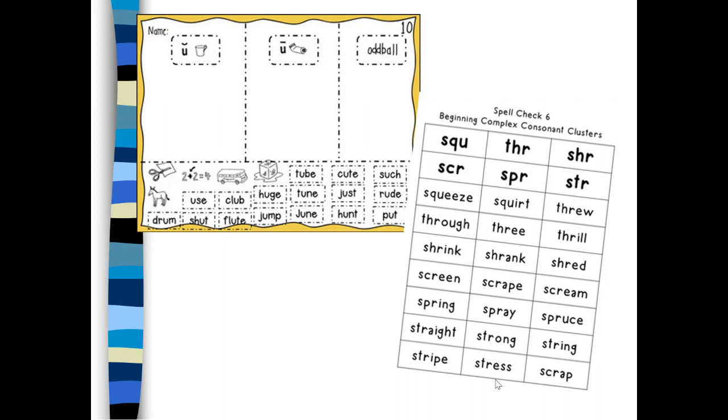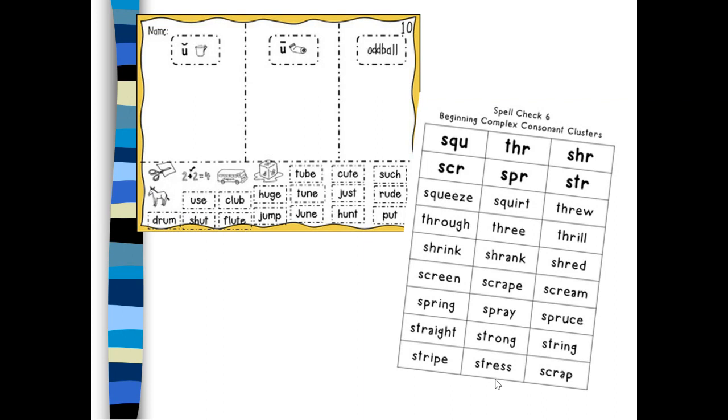Tube, I would put that in the second column. If I were going to look at the word club, C-L-U-B, the first column is the short U sound, so the student would sort club into that first column.